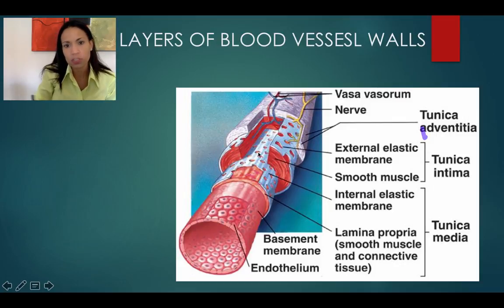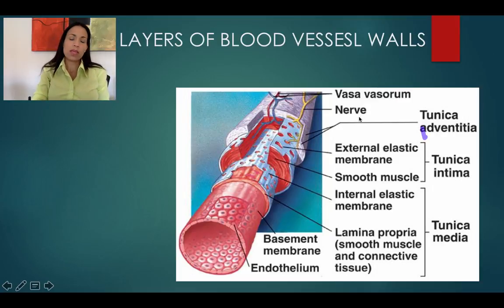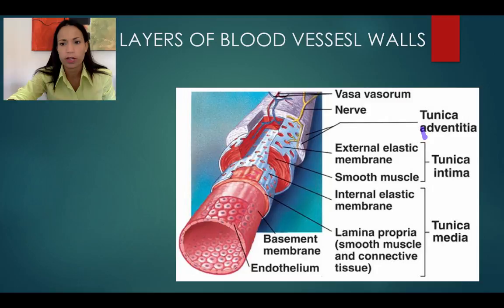This is the smooth muscle tissue. And this outermost layer is the tunica externa, and these are the vasa vasorum. Here is the term, vasa vasorum. There are more layers in between these layers, but we're not going there. Just know that we have the tunica intima, the media, and the externa.